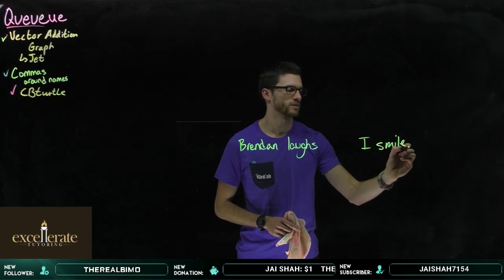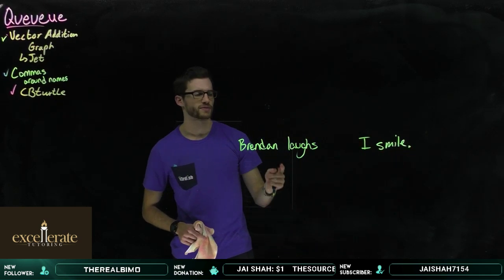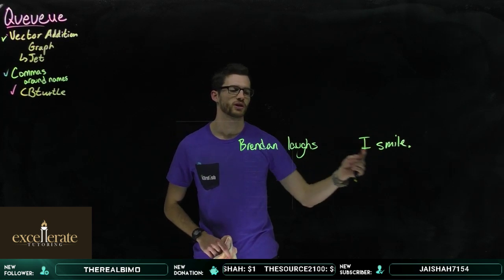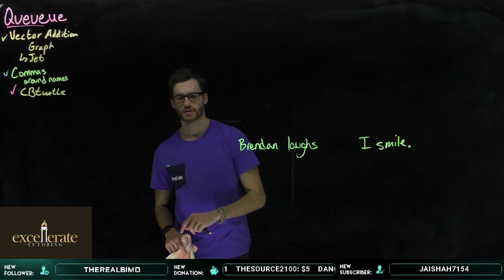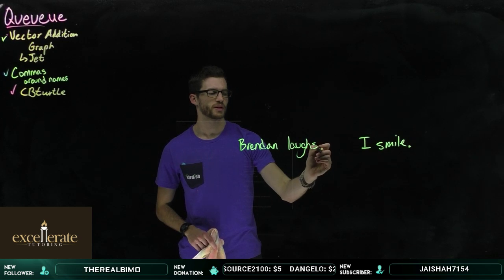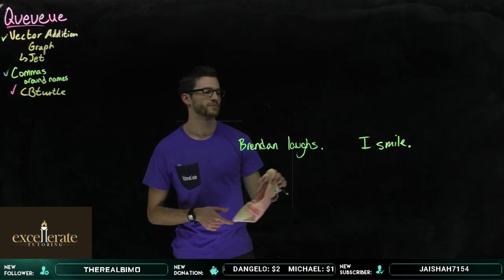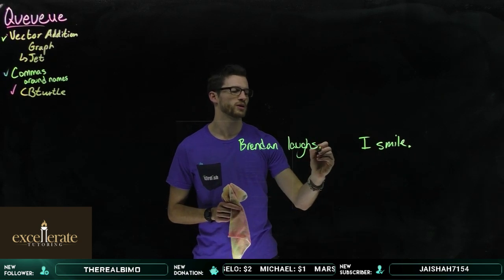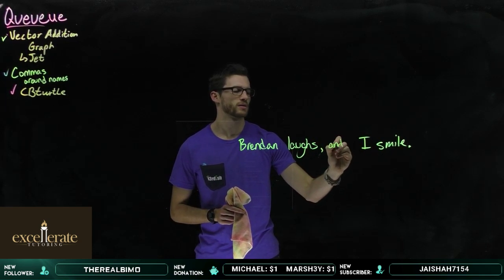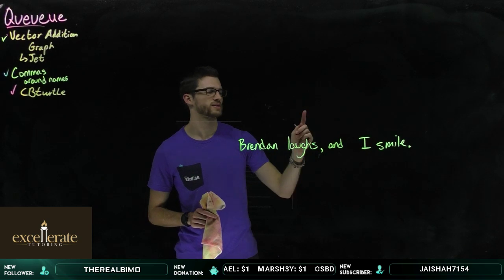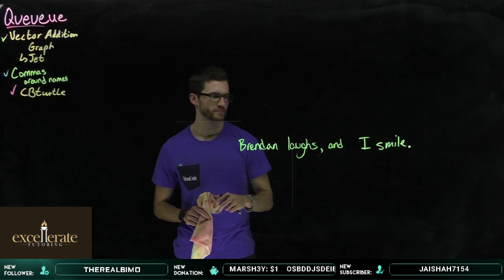I smile. Okay. Brendan laughs, subject verb. I smile, subject verb, independent clause, independent clause. So, we can put a period here. That's fine. Two separate sentences, we just chop them up. We could also do comma and: Brendan laughs, and I smile.